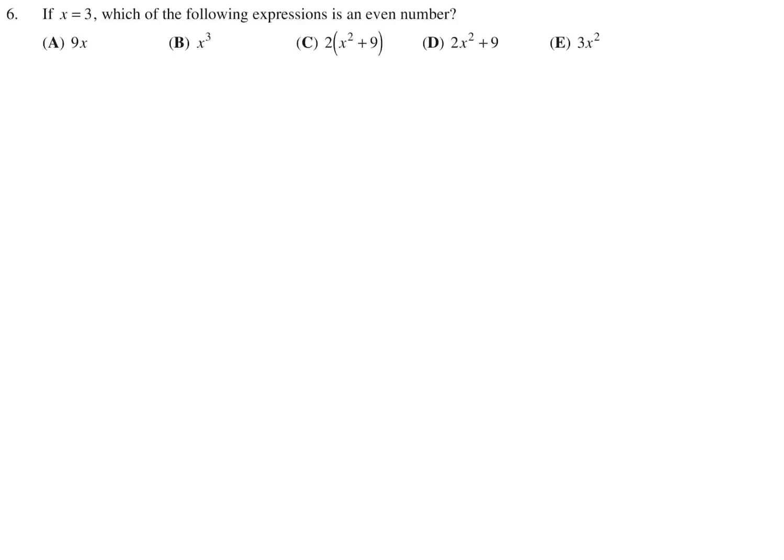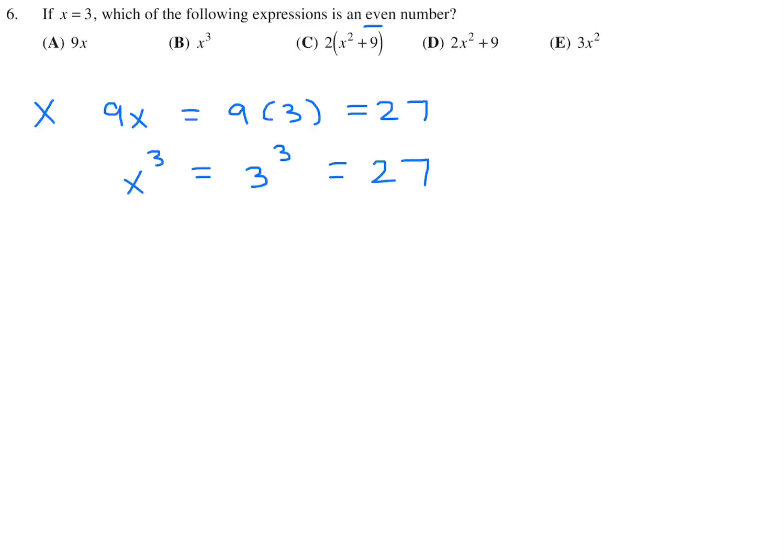If x is equal to 3, which of the following expressions is an even number? Okay, so we got to do this one at a time. So first one is 9x. 9 times 3 is 27. So that is not an even number. The next one is x to the power of 3. So that's 3 to the power of 3. And 3 times 3 times 3 is, I believe, 27.